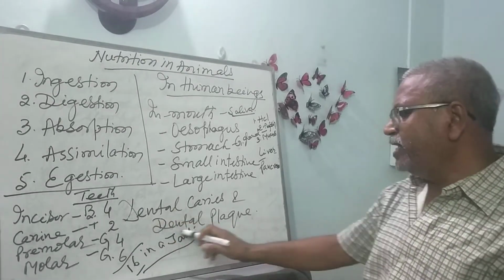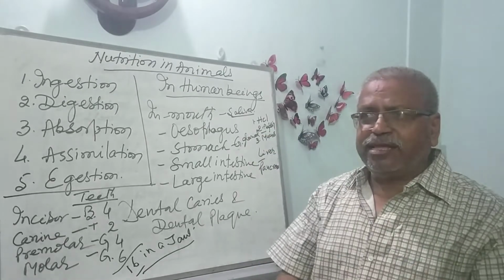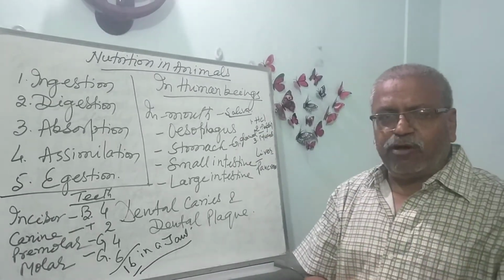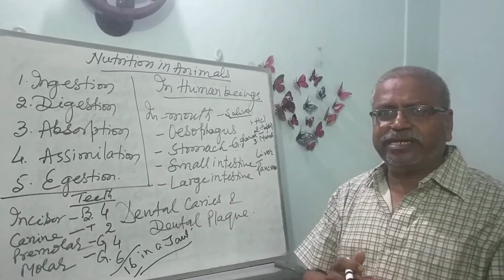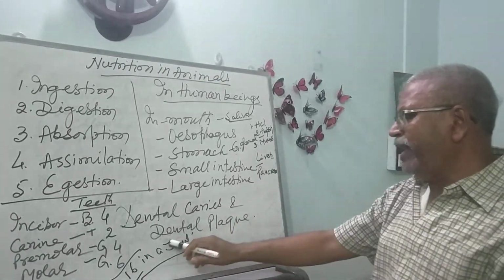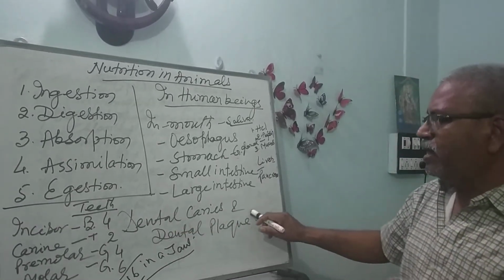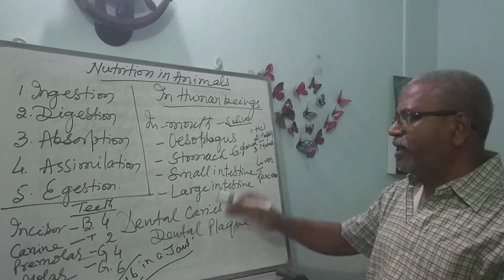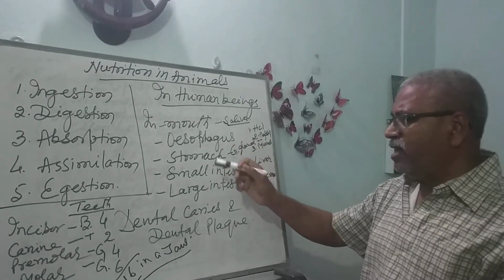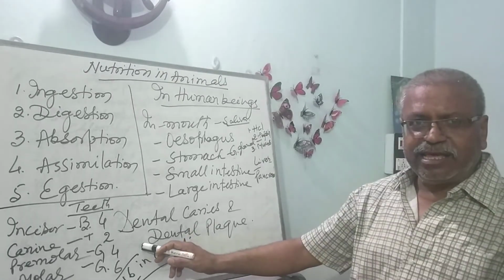And the second event is the dental plaque. Dental plaque is a layer, a covering of a sticky, yellowish material on the surface of the teeth. This plaque prevents the saliva from neutralizing the acid.